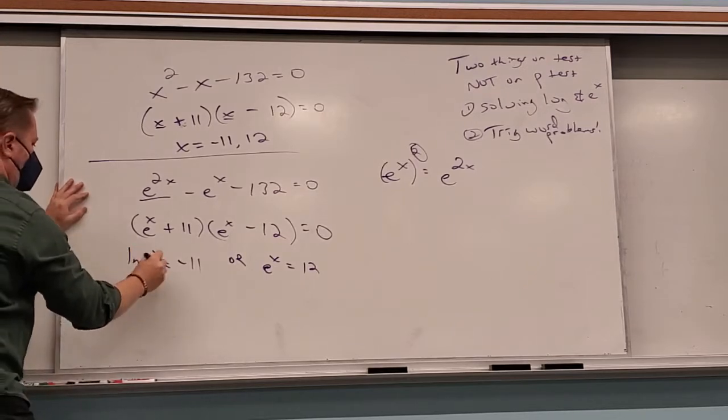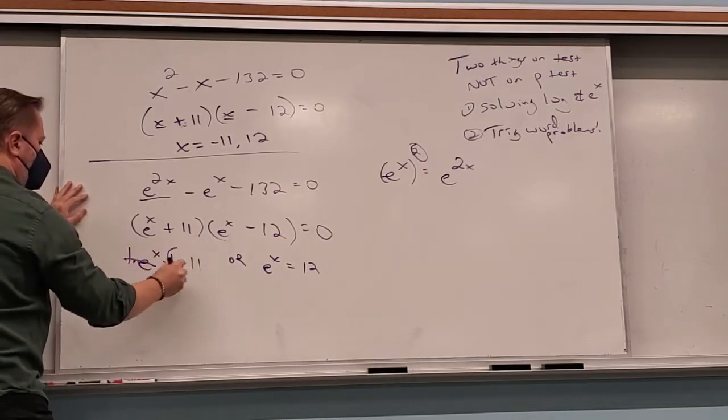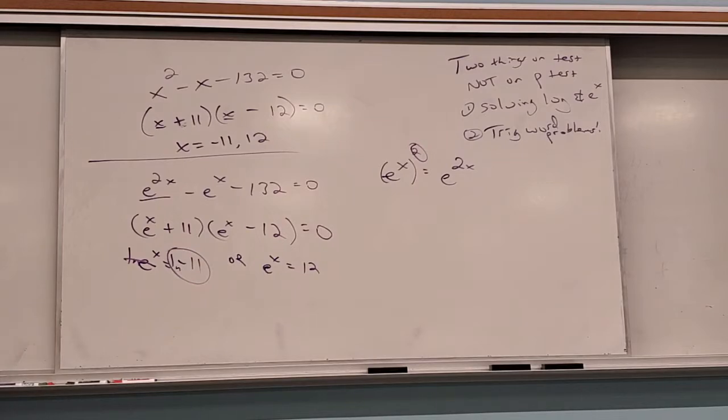So if I take natural log of both sides, well, what happens here? Natural log of negative 11. Can't do it. How do you quickly remember that? What's a log look like if I graph it? What's a logarithm look like? That's an exponential.